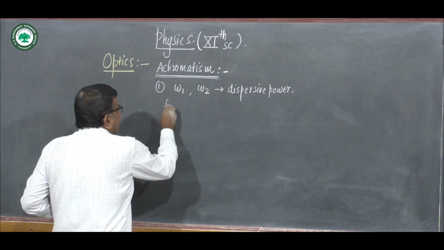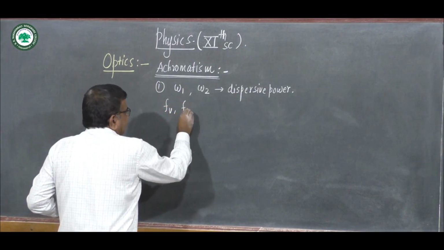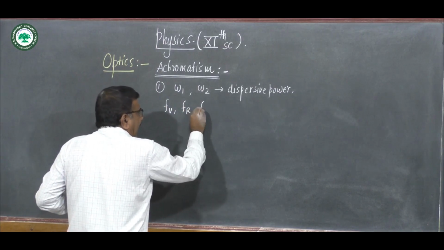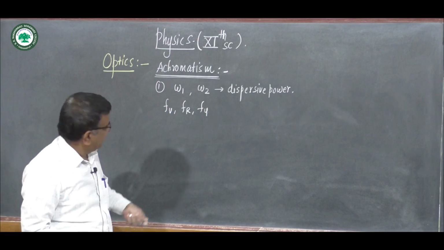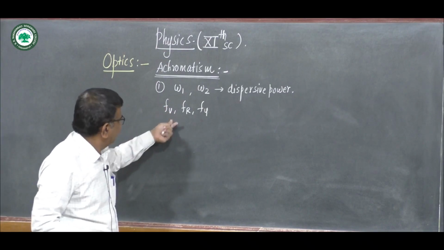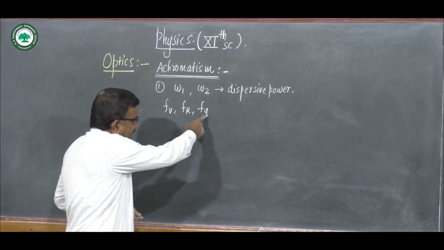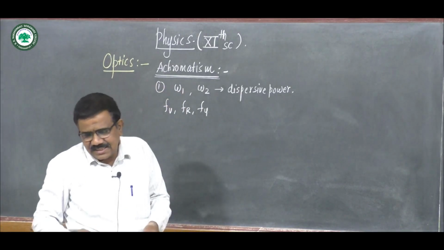Suppose Fv, Fr, Fy are the focal lengths of the lenses for violet, red and yellow colors respectively.